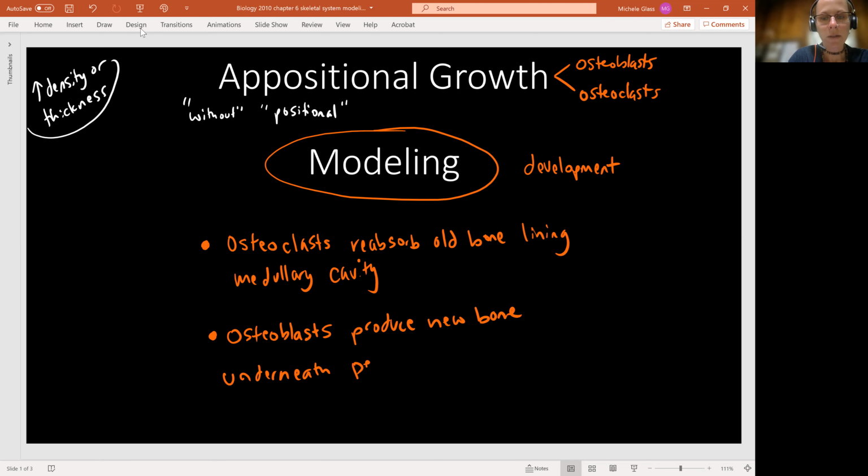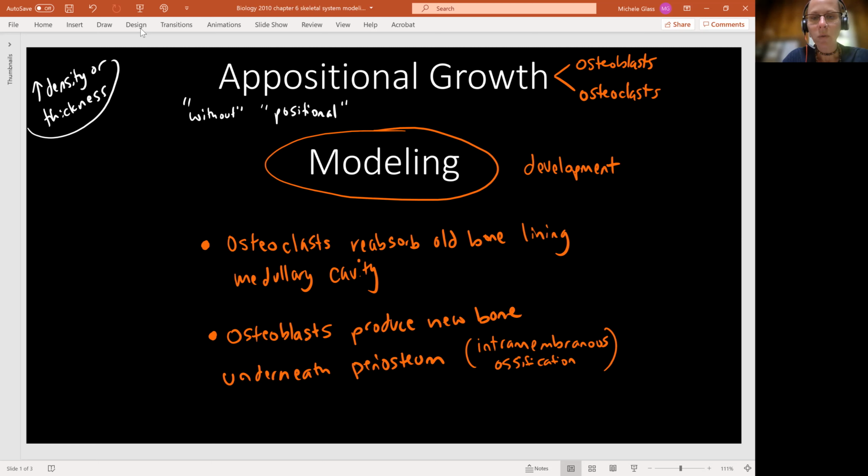actually underneath the periosteum. So this is talking about that outer layer of compact bone, and we'll see that this is happening through intramembranous ossification, so converting membrane tissue instead of converting hyaline cartilage.